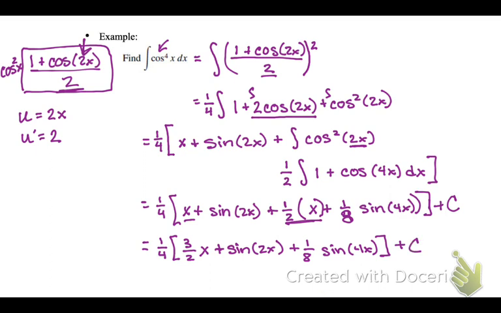I would personally factor the 1/8 out, because I think it's gross. I don't. I think about it like if I had to plug something in, if I had to do a definite integral, I don't want to be dealing with 3/2 and 1/8. That's me, myself.